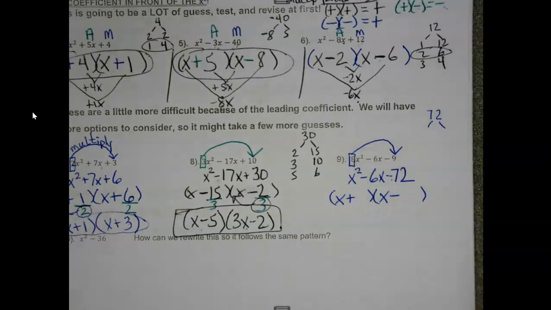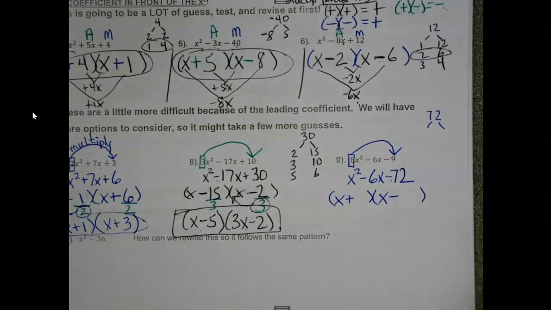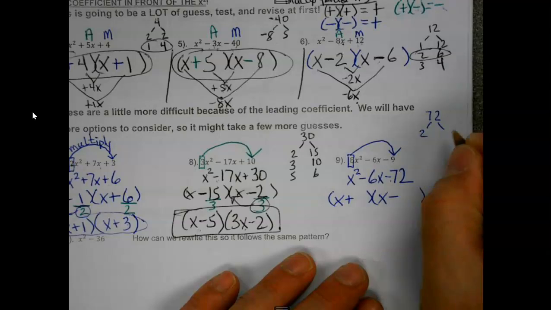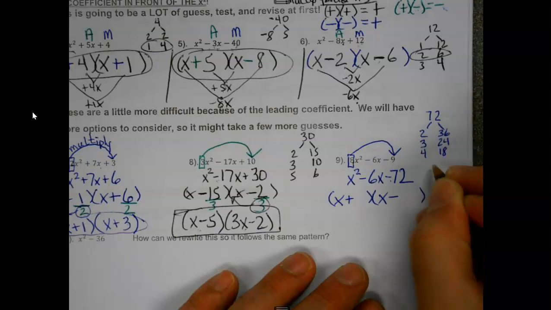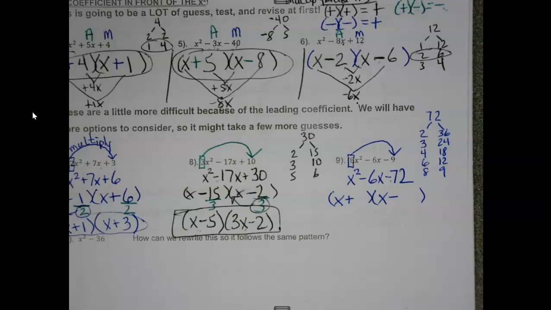So 72. Hardy is going to be your built-in calculator here. I always start dividing by little numbers and work my way up. So if I'm doing 72 and I start dividing, I'm going to get a whole heaping lot of pairs of numbers that will multiply to 72. Never knew so many numbers could multiply to 72.